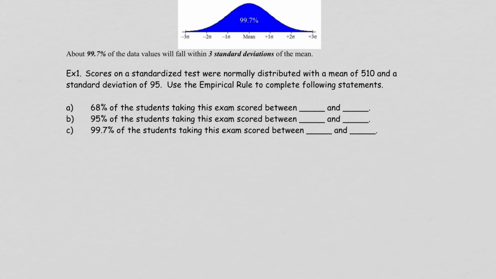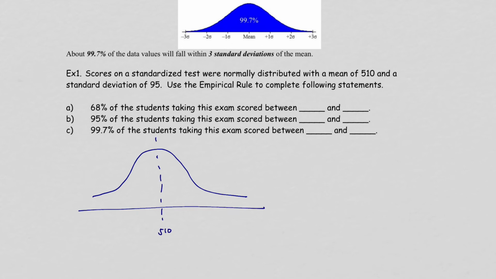If I draw the normal distribution for this given information, your mean is 510, and adding 95 will be 605. Adding 95 will be 700. One more 95 will be 795.